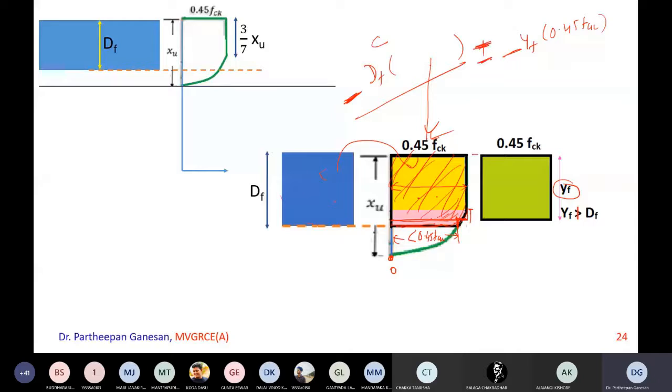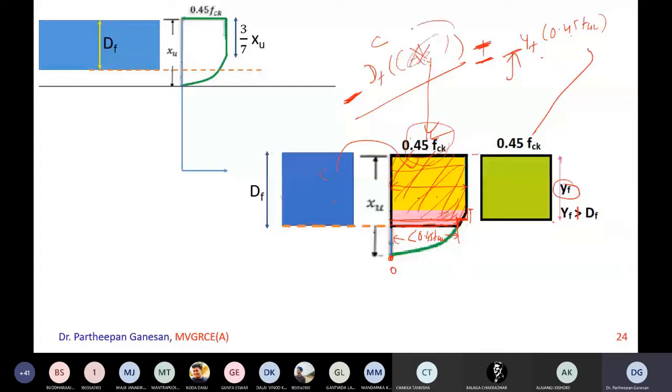That will be equal to, again, the same width of the flange into YF into 0.45 FCK alone. Here the stress will not be 0.45 FCK; you have to find it out, because there is a rectangular part and the parabolic part. That will be very cumbersome.